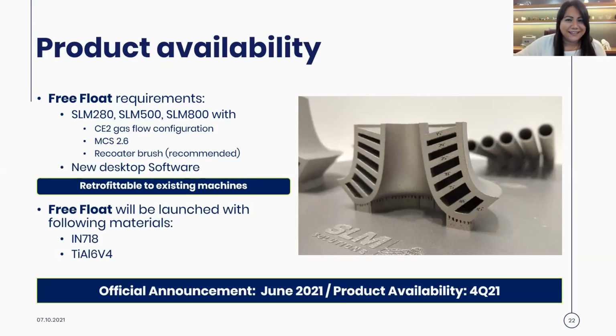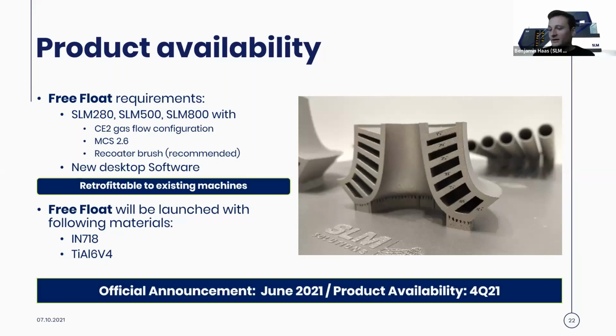Actually, I want to ask a question. Why? Are you developing some parameters to be able to use FreeFloat specification for these materials? I mean, why does it take time?